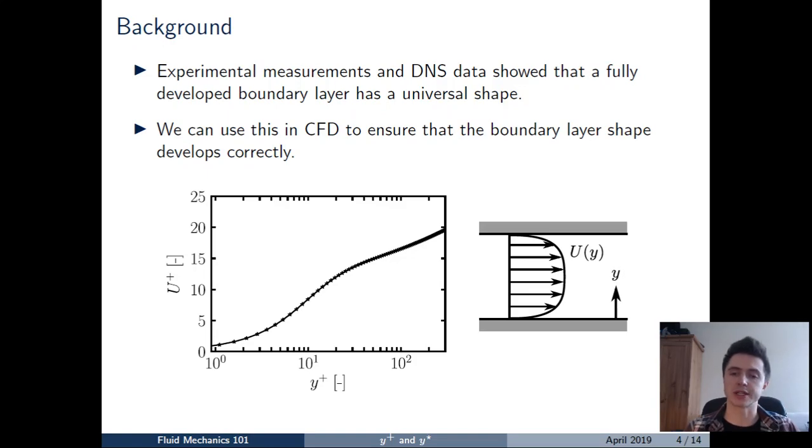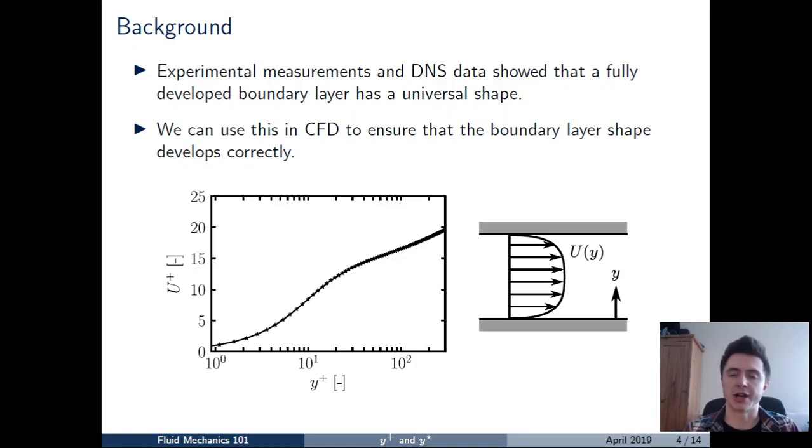And the way that we do this in our CFD code is, if we can calculate a value of yPlus at some distance off the wall, then we know what the value of uPlus should be if our boundary layer profile is developing correctly.